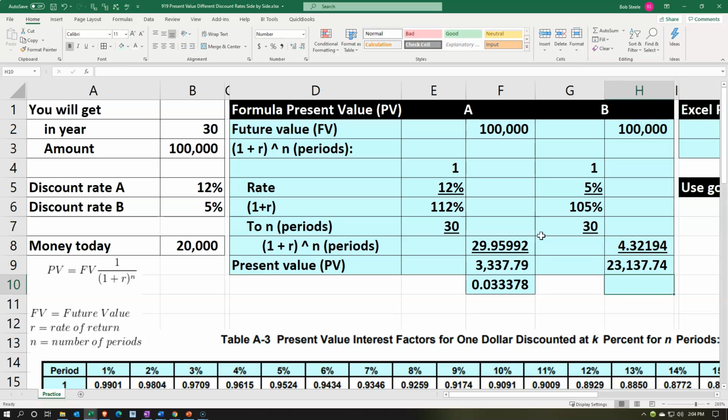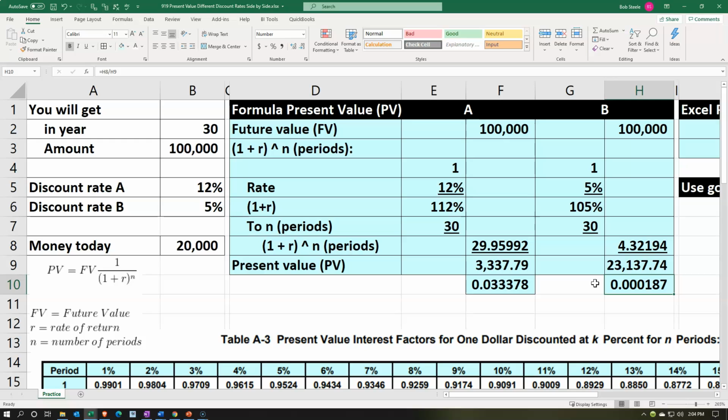And so now we're at 23. And of course you can see a significant difference in the present value due to a significant difference in the discount rate. Then let's calculate what we would expect to see on the table, this being the 4.32 and so on, divided by the 23,137 and so on. That's the amount that we would expect to see on the table.